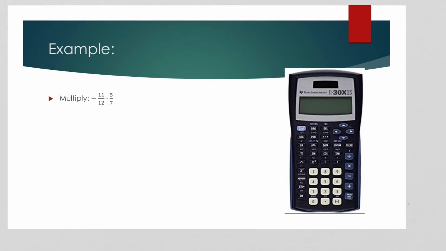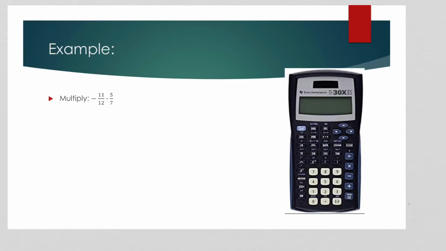All right, so the first thing you would do, your negative is right here. So type in negative, then you would hit 11, then hit your fraction button, which is right here, and then type in 12. Then hit your multiplication button, then you would hit 5, hit your fraction button, 7, and enter.